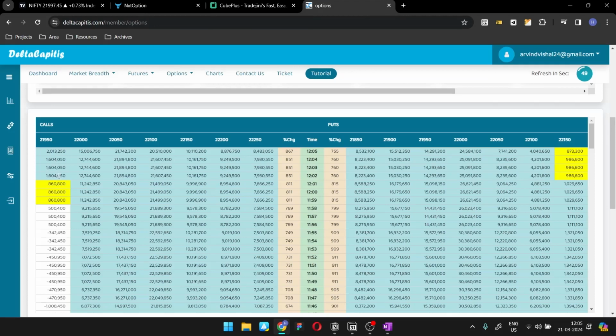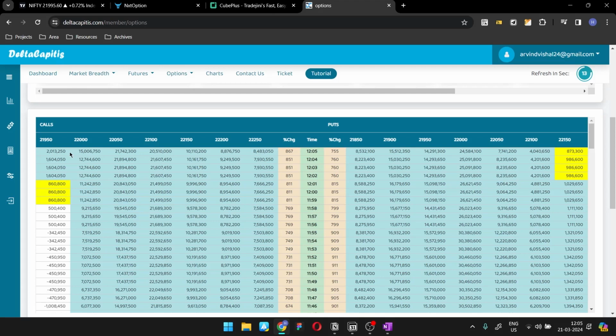This is very crucial. Look at this in the money writing: 5 lakhs, 8 lakhs, 1.6 lakhs, 2 lakhs, within the last 2-3 minutes. That's all. The full position has shifted from bullish to bearish. So that is very important.